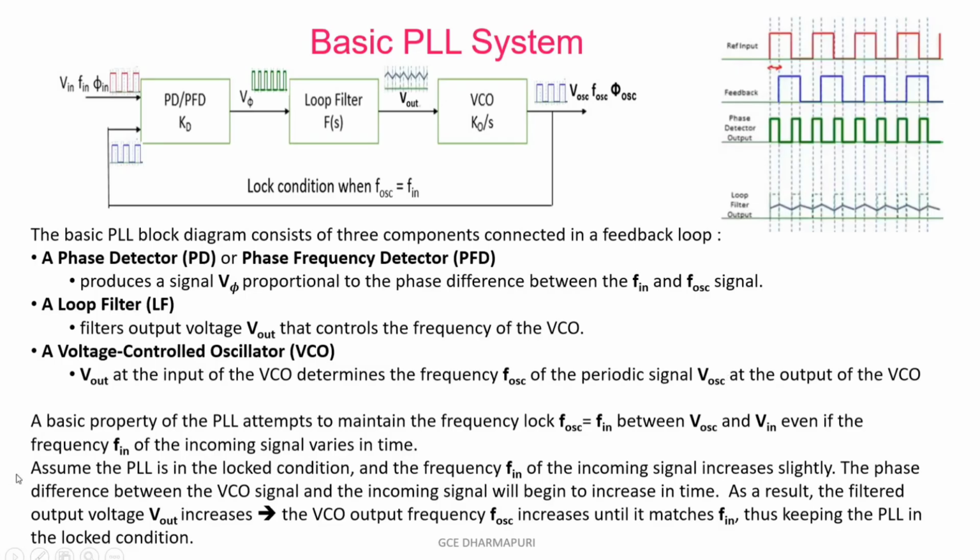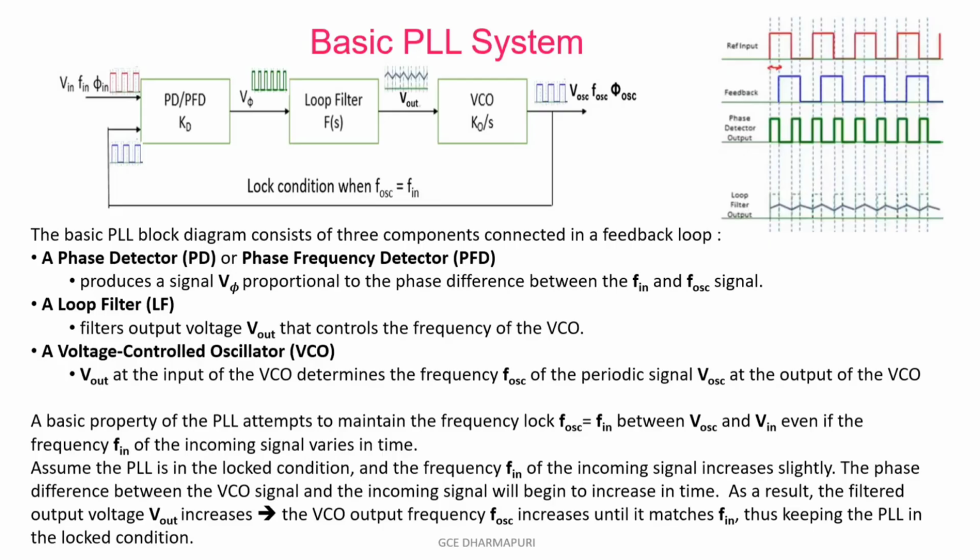A basic property of the PLL is that it attempts to maintain the frequency lock, that is FOSC is equal to Fin, between VOSC and Vin, even if the frequency Fin of the incoming signal varies in time. Assume the PLL is in the lock condition and the frequency Fin of the incoming signal increases slightly.